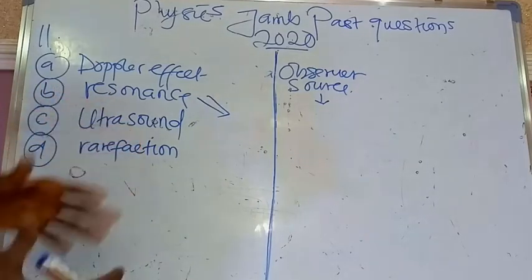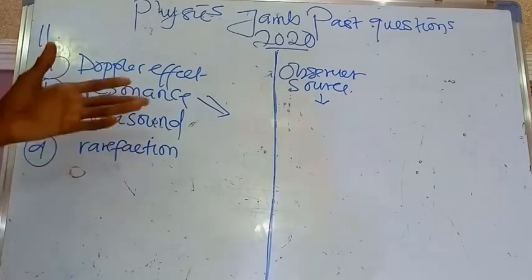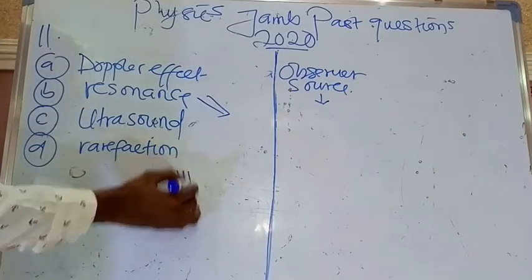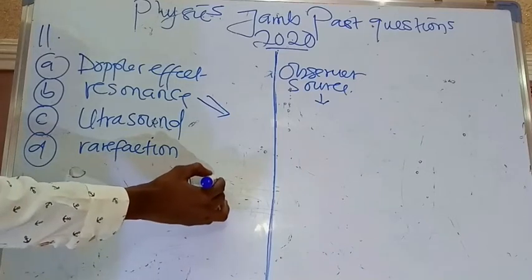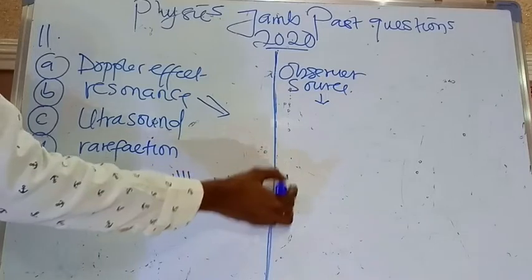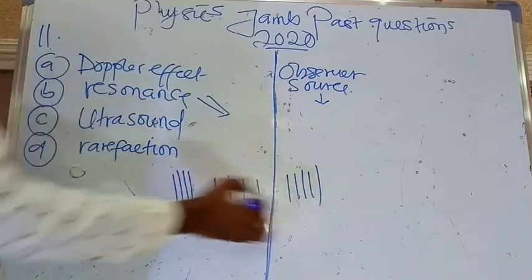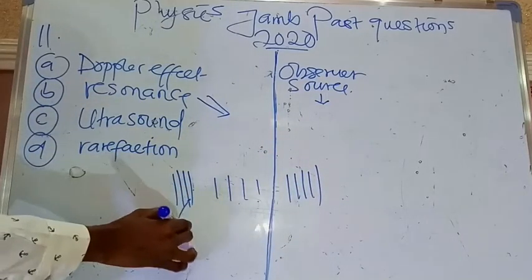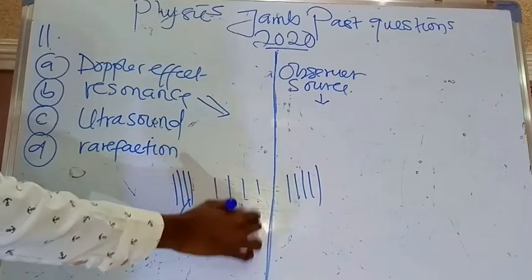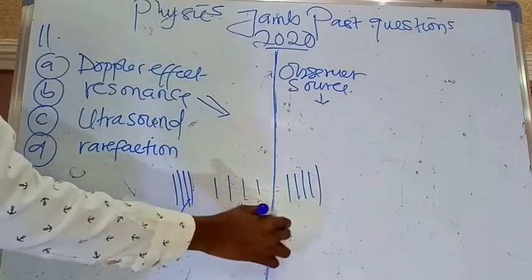And then rarefaction. Rarefaction is usually in a wave. If you have a wave moving like this, where you have the particles of the wave close together, this is called compression. And this one, where they are far apart, is rarefaction.